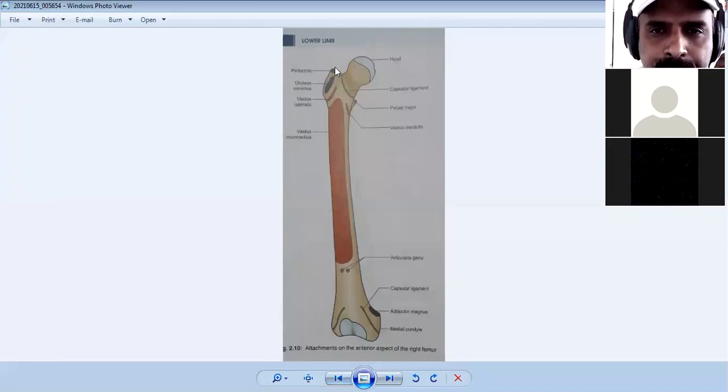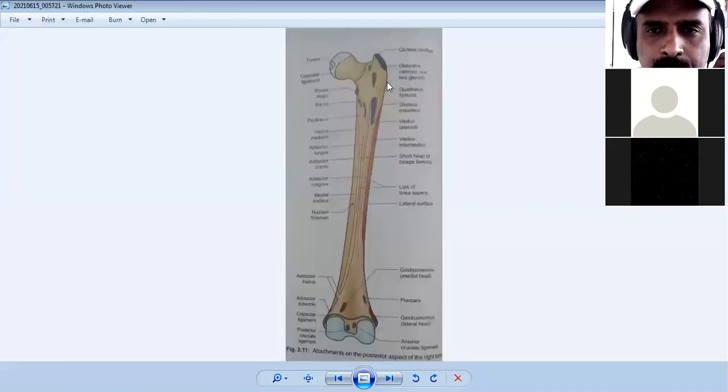Then the anterior surface of the greater trochanter gives insertion to the gluteus minimus muscle. Then the lateral surface of the greater trochanter gives insertion to the gluteus medius muscle.